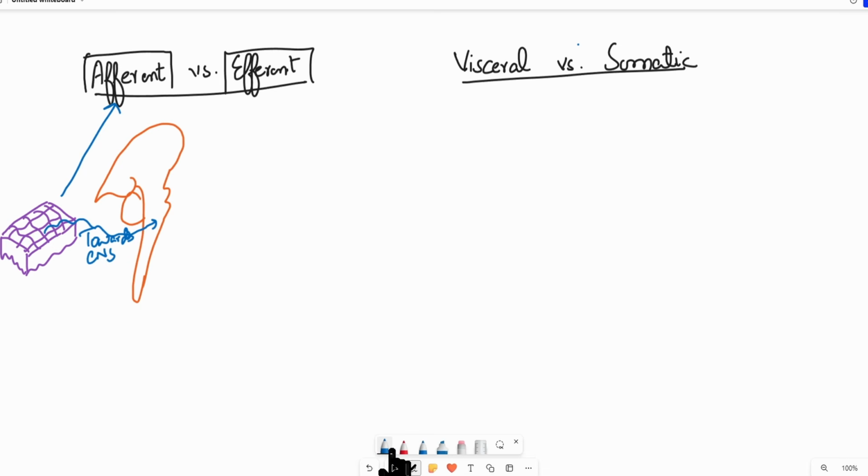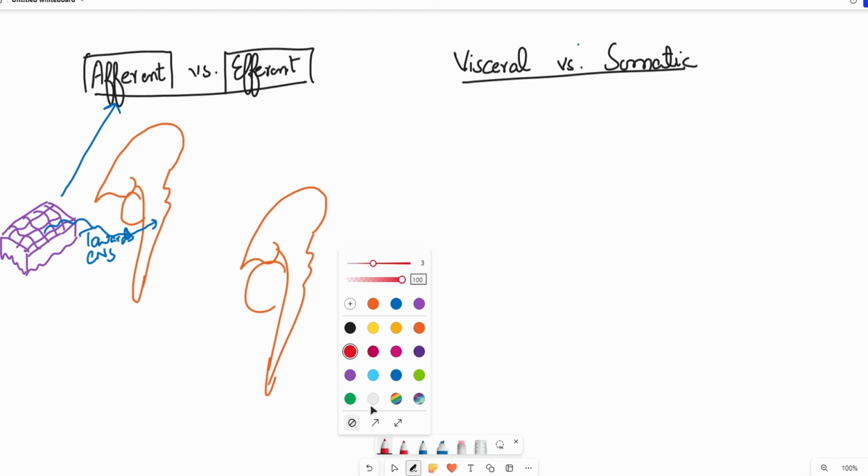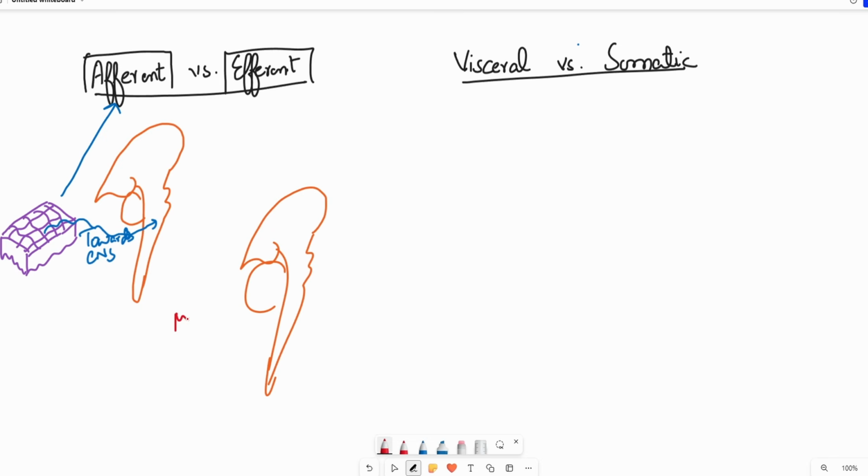Now opposite to that, if I draw the central nervous system again, in my simplified diagram, let's suppose the order is coming from the brain or from the spinal cord, from the central nervous system towards an effector organ.